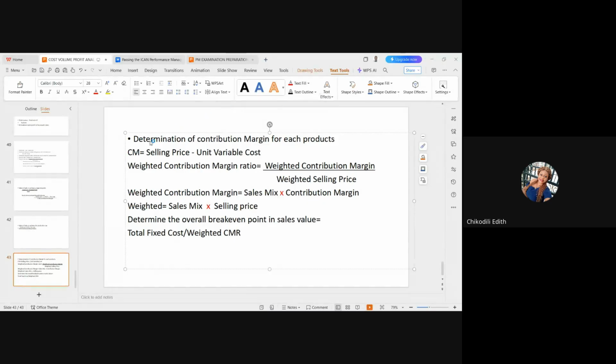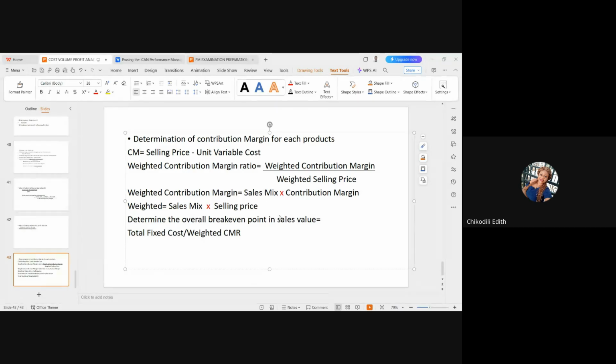Abayomi PLC produces and sells two major products, A and B. The budgeted income statement for the year to December 31st, 2022 is given below. Sales: 8,400 for product A and 25,200 for product B. Production costs: material, direct labor, variable overhead, fixed overhead.